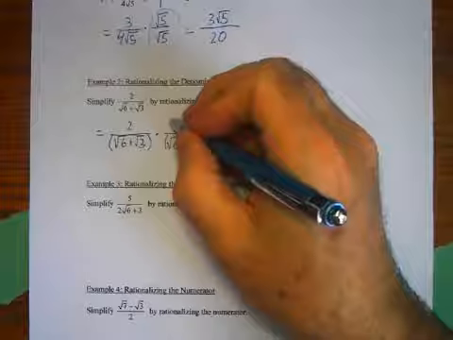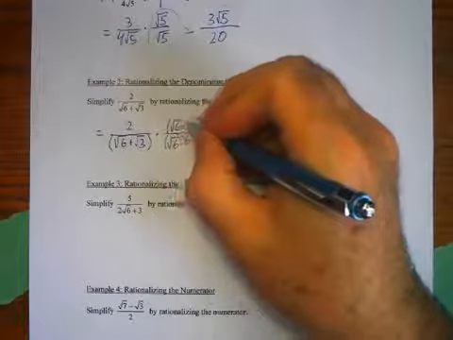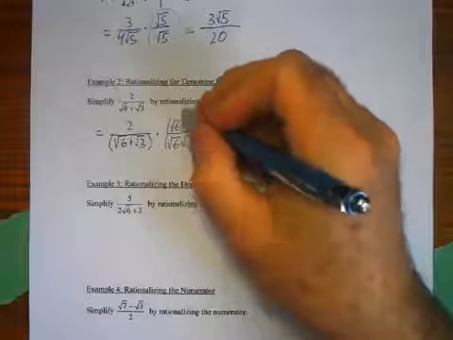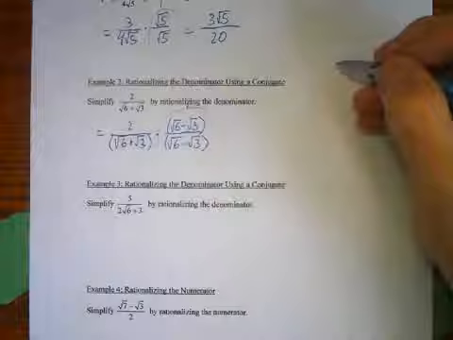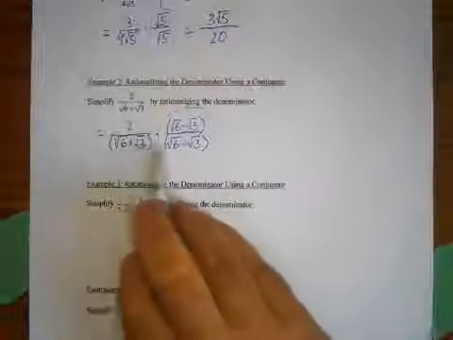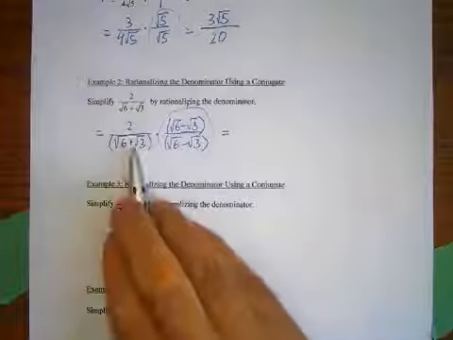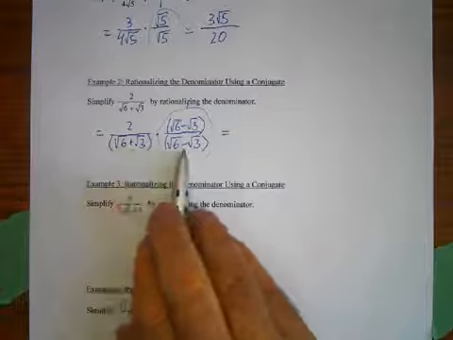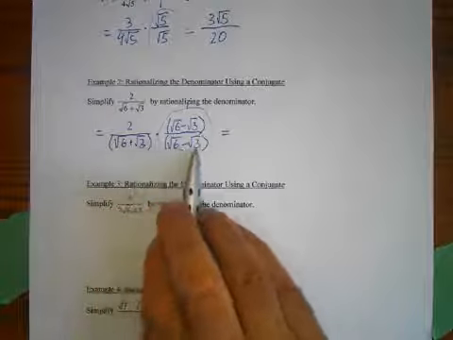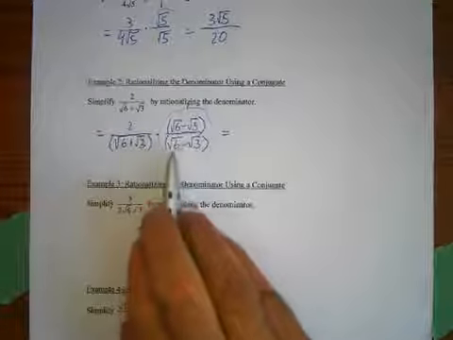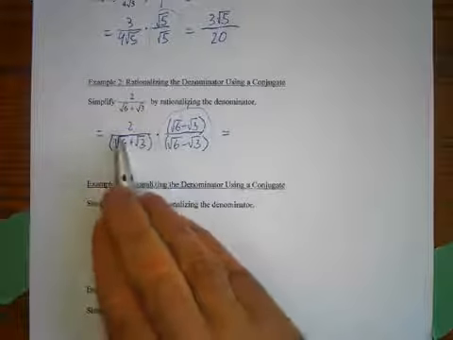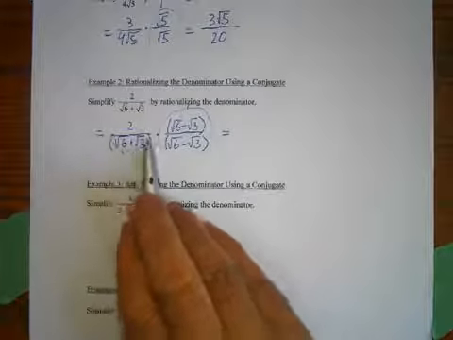Okay, and so we're going to multiply that bottom and top, which is again just equal to 1, so we're not changing its value. Now, on the bottom here, I'd like you to do a shortcut. Hopefully you remember this. This is difference of squares. It's like a plus b times a minus b. So the shortcut for that will just be this term squared minus this term squared.